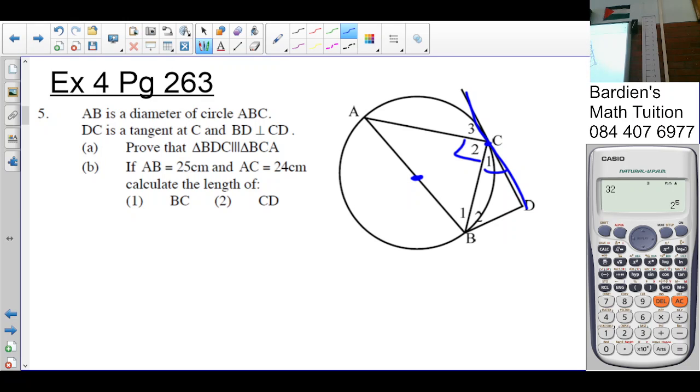C1 is equal to angle A. Why? Tan-chord theorem. What else do we know? We also know that C3 is equal to B1 if needed. Tan-chord theorem. Then we are told that BD is perpendicular to CD.